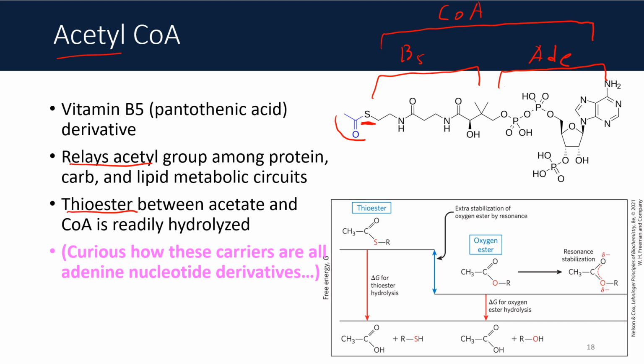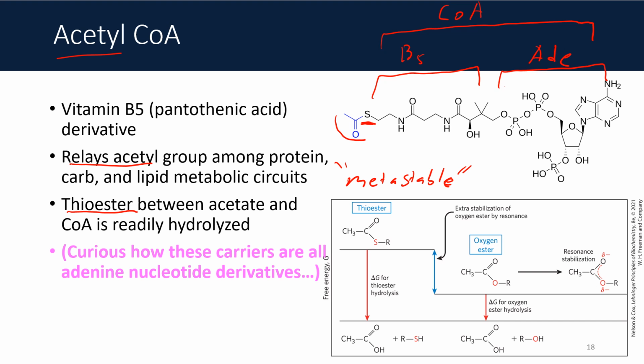The thioester group is metastable or kinetically stable. And what that means, again, is you can form it, you can stick it in a bottle, you can stick it in a cell, but you can break it apart easily when it is necessary.